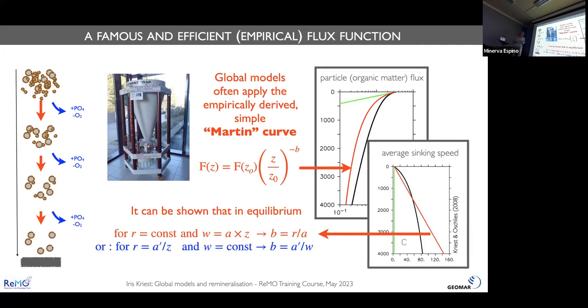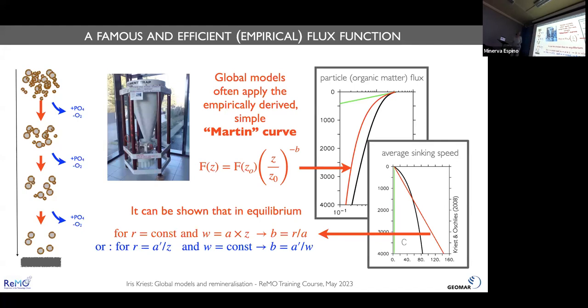But again, we can use a sheet of paper and a pencil and carry out some calculations, not too complicated, and we can show that in equilibrium, in the long term, if we assume a constant remineralization rate, but a sinking speed that increases vertically with depth, just as shown here, we would end up with a Martin curve with b given by the remineralization rate, divided this time by the rate of vertical increase of sinking speed with depth.